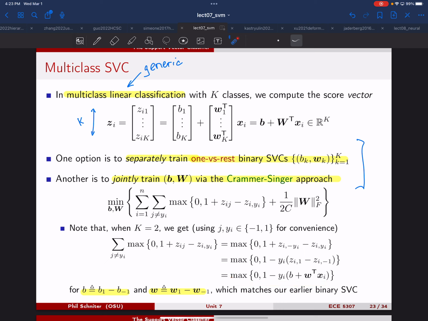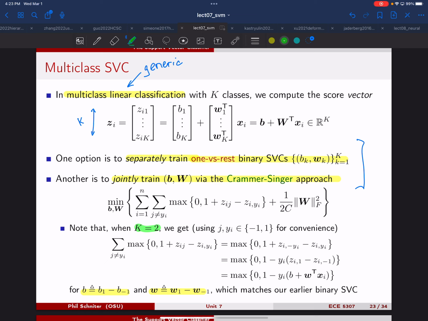So at the end of the day, when k equals 2, this is exactly what we were doing before. So just to show you that there is a connection, it's the same in the binary case, but of course in the non-binary case, it gives us the option to do this joint training, and it works pretty well.